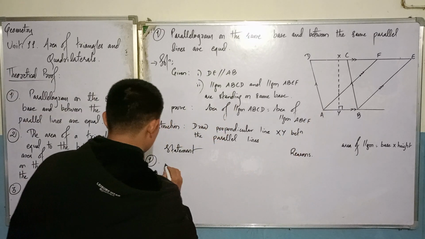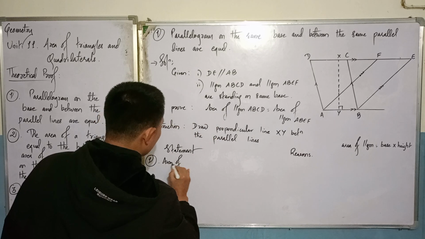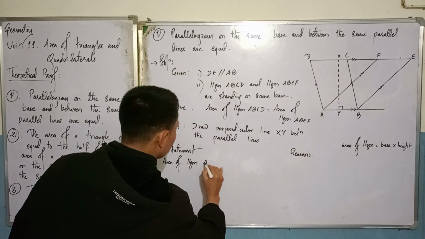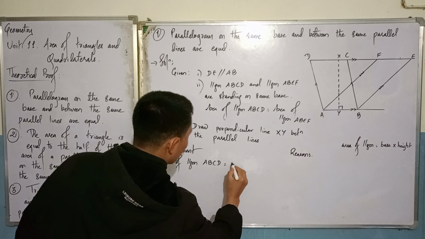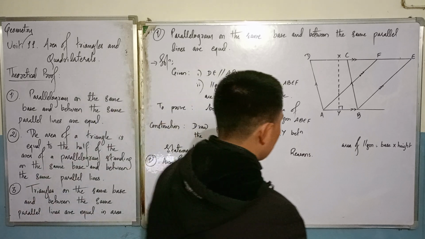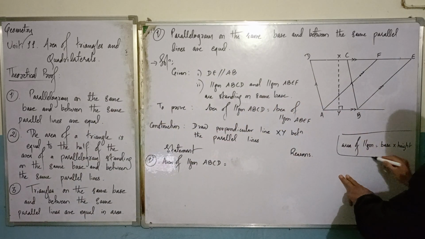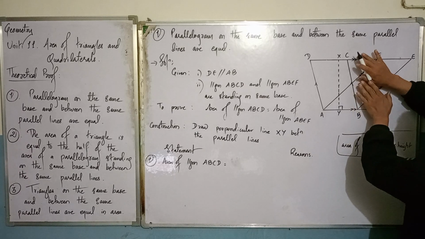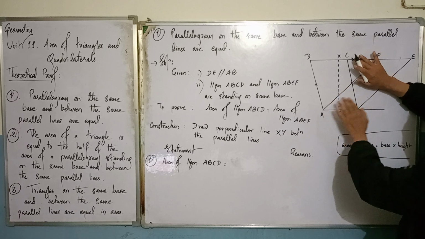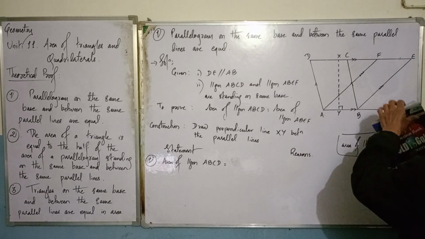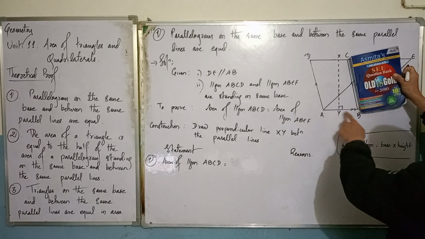What will be the area of parallelogram ABCD? First we take parallelogram ABCD. The area of a parallelogram will be given by base into height. For this parallelogram only, I'll try to hide the remaining parallelogram so you might not be confused. Now we can only see ABCD.